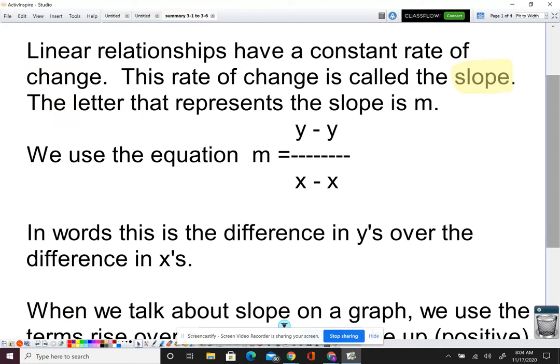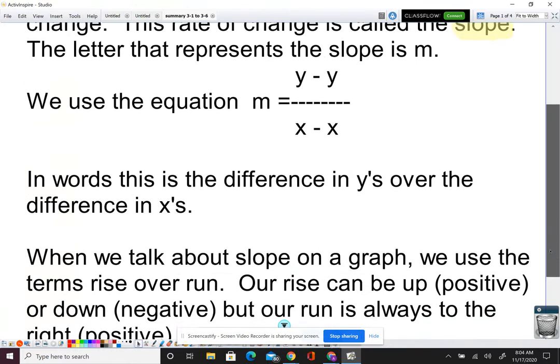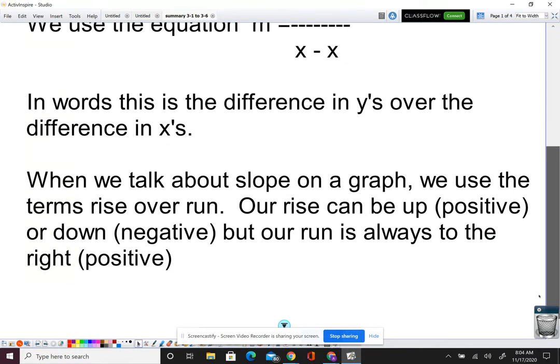And we were using the equation y minus y over x minus x, so the difference in the y's over the difference in the x's. And then if we had a graph, we use the terms rise over run, where a rise can be either positive if it's going up or negative if it's going down. But the run is always to the right, and the run is always going to be positive.